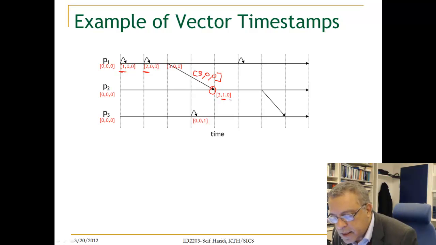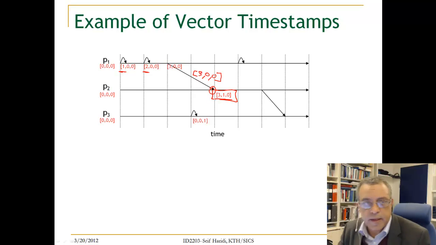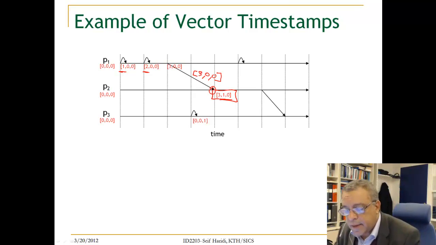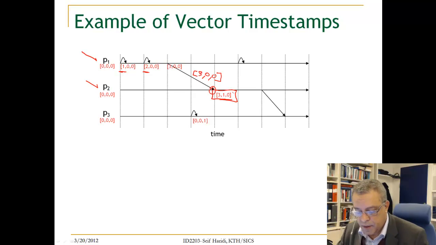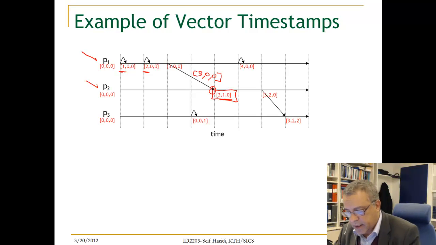This is interesting information to understand intuitively. This is saying at this point I know that 3 events happened on P1 and 1 event happened on P2, but I know nothing about P3.